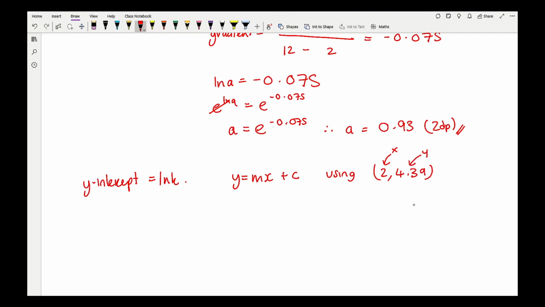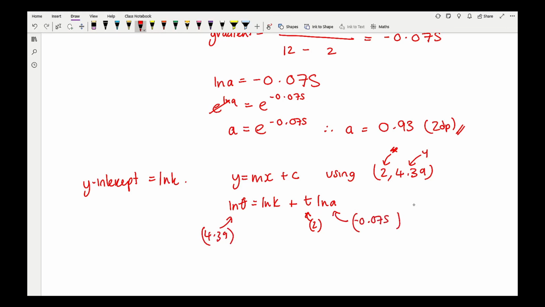We've got ln theta equals ln K plus t ln A. So I'm using 2 as my t value, 4.39 as my ln theta value, and my ln A value is minus 0.075.